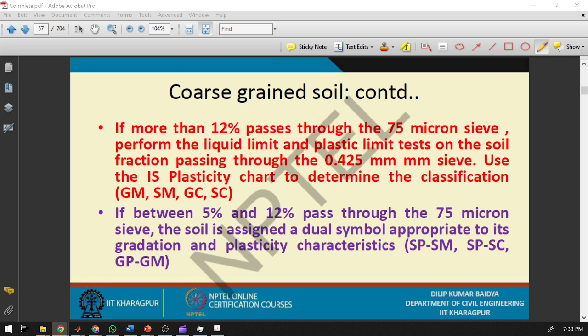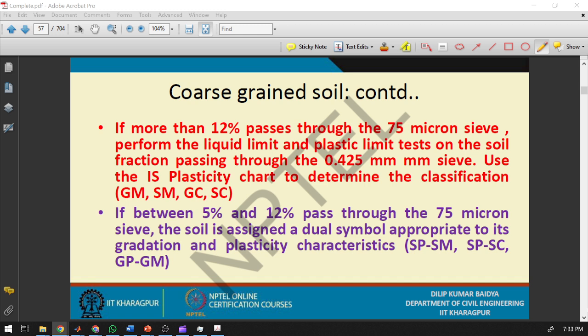But if the fine grains are greater than 12%, now you will do the consistency limits and you will identify if it is a clay or a silt, and you will give the symbol. For example, if it is silt, it will be SM.